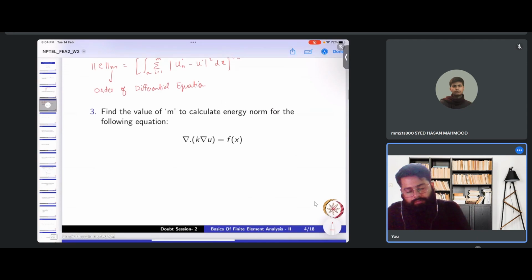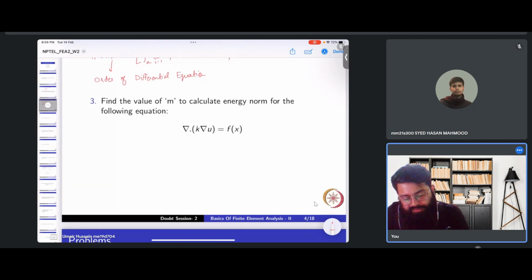So we'll write this differential equation more conveniently.